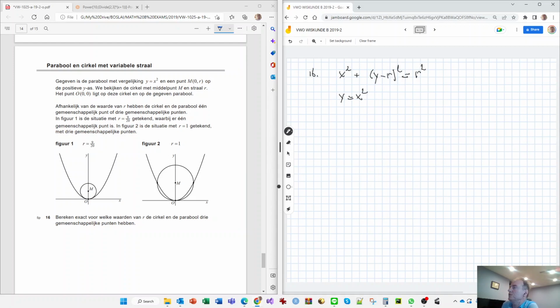Okay, so the easiest way is to substitute the y in the expression for the circle. So I get x squared plus x squared minus r squared is r squared.